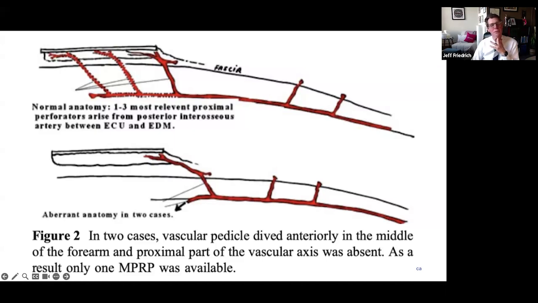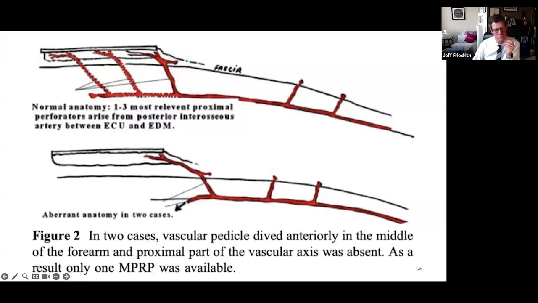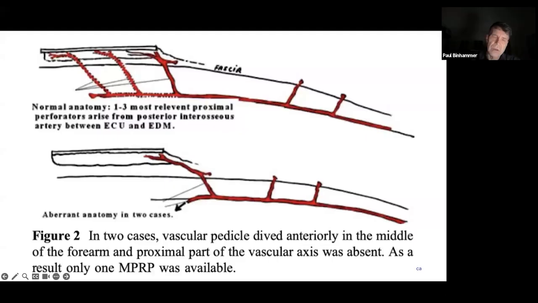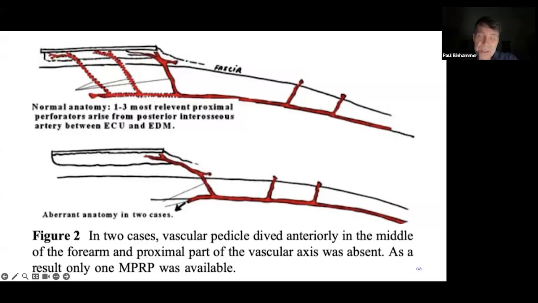And how do you go about that? So what I do is approach it from the posterior side, from the ECU muscle, so that then I can open up the interval all the way up as far as I need to. I can look at the motor branch going into the ECU if I need to. So I don't mind opening up that interval.